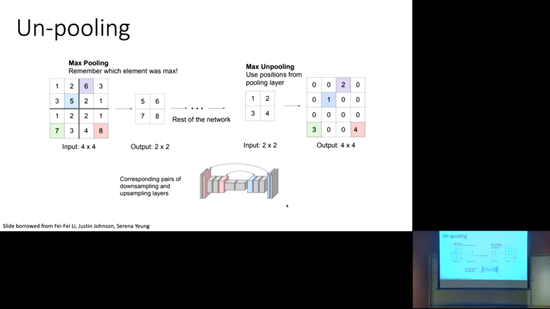Okay, so this works reasonably well, but it misses something. And what it misses is that when we think about natural images or things in the world as having a fine and coarse structure, we think of the coarse as defining the essential things that might be happening, and the fine is like details.